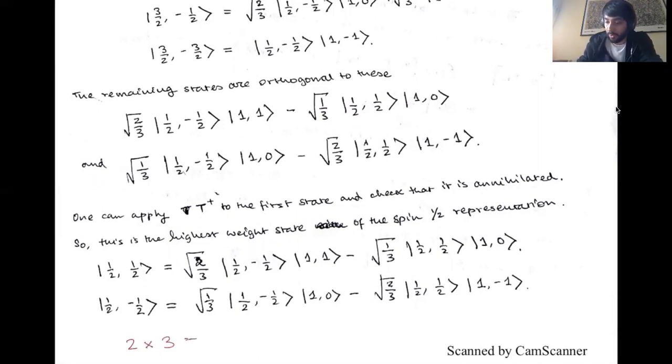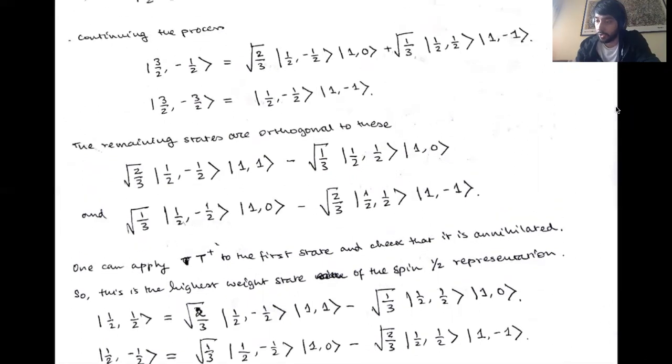And what we have found is that this has 4 states: one state here, one here, one here, and one here and so on.